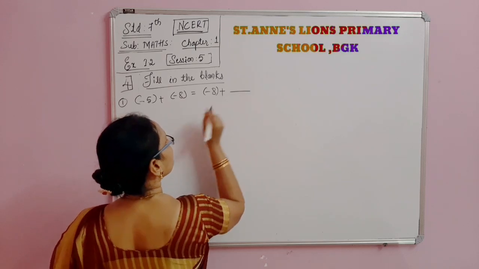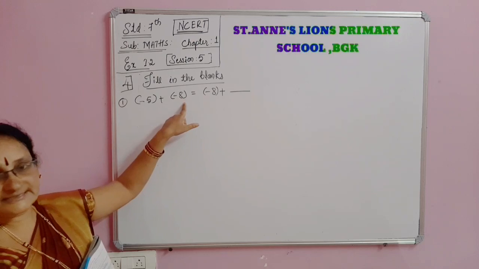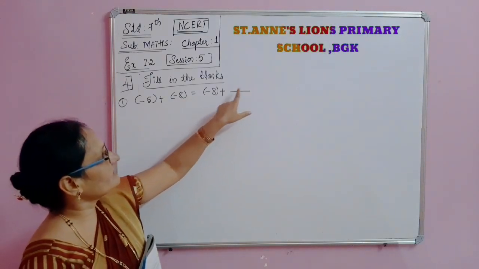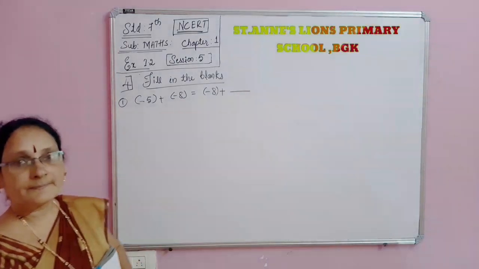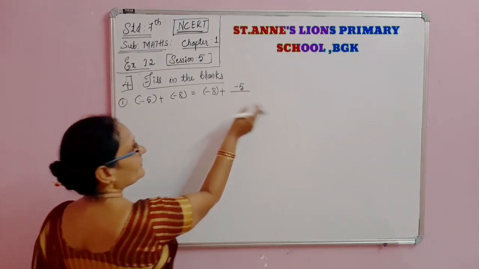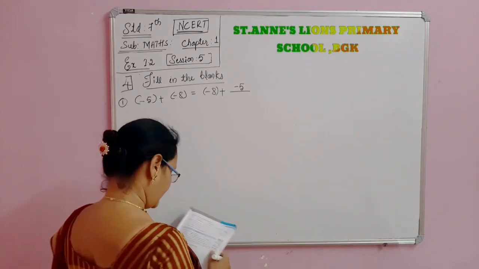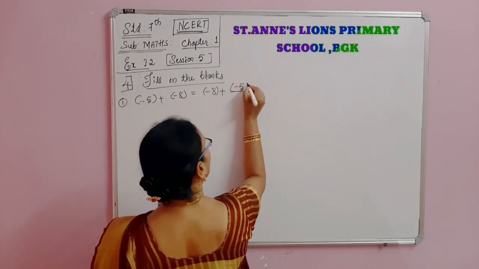What can we write here? See, just observe. -5 plus of -8. Here -8 is there. Plus of what do we have to write here? Yes, -5. Why? Because this is the commutative property. So this is -5.